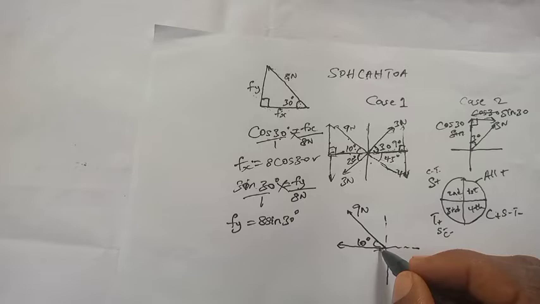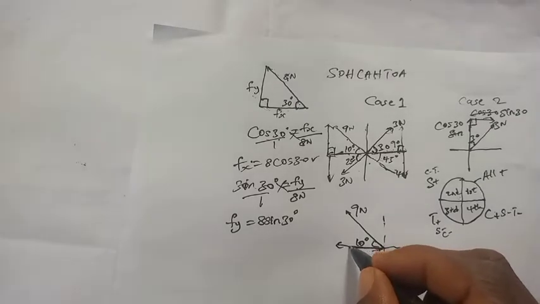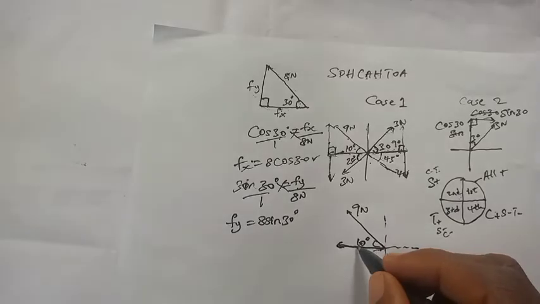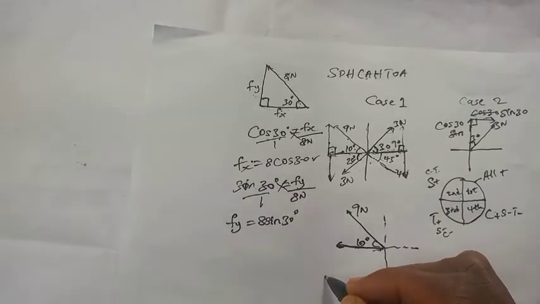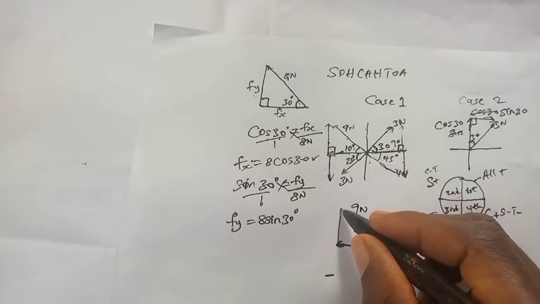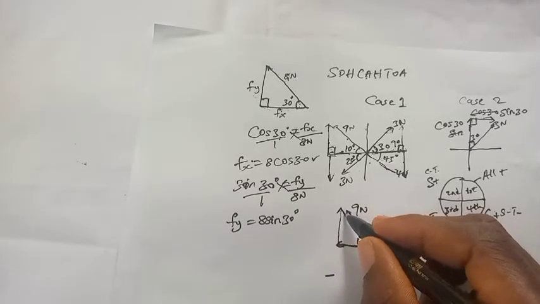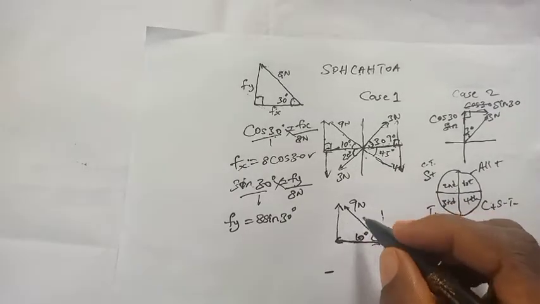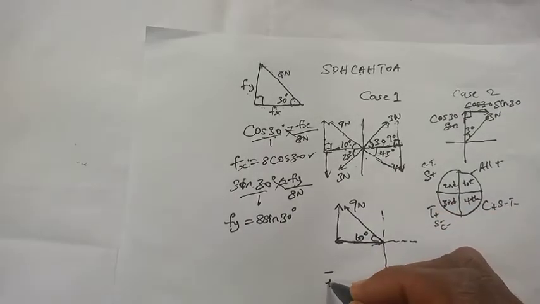The horizontal component of this force is facing towards the negative x-axis, and hence it is going to take a negative sign. The vertical component of this force is going to the positive y-axis, and hence it is going to take a positive sign.